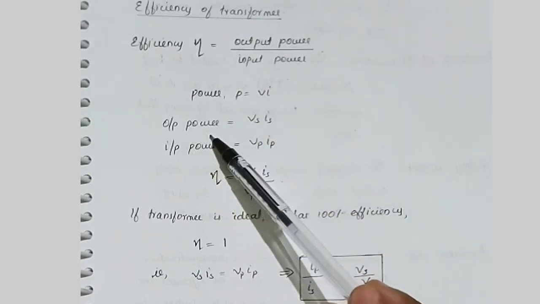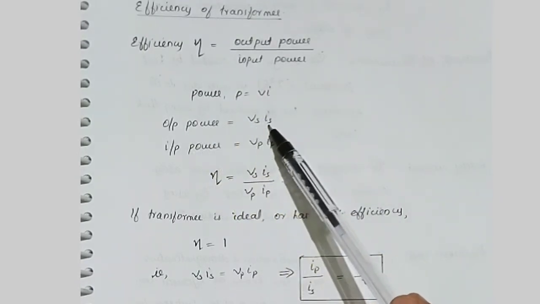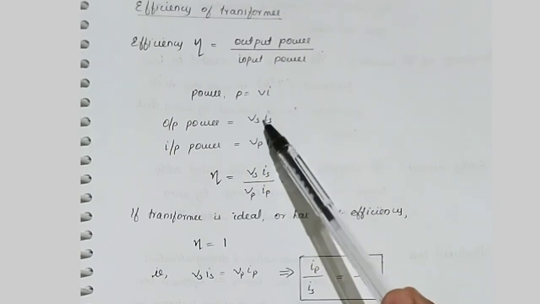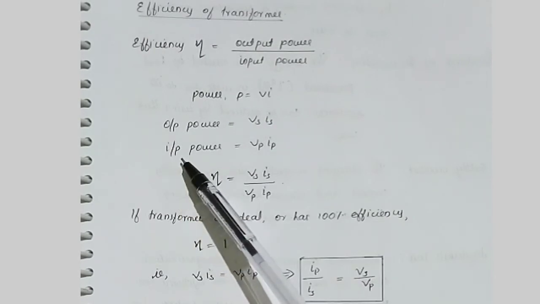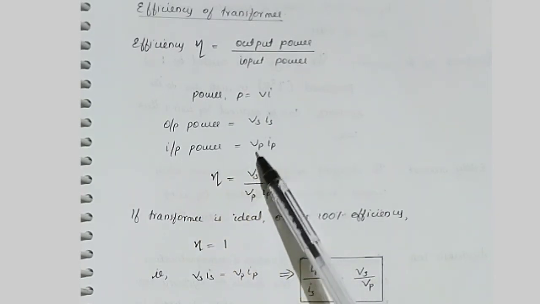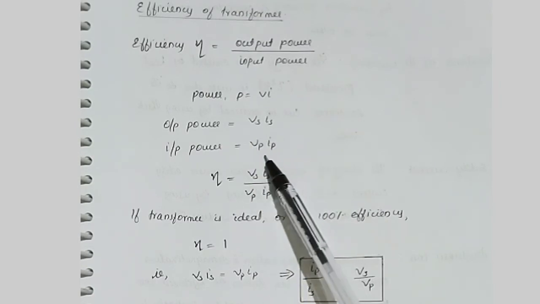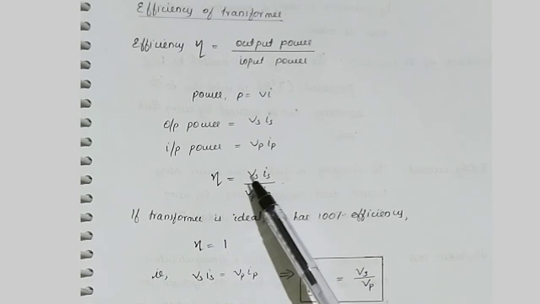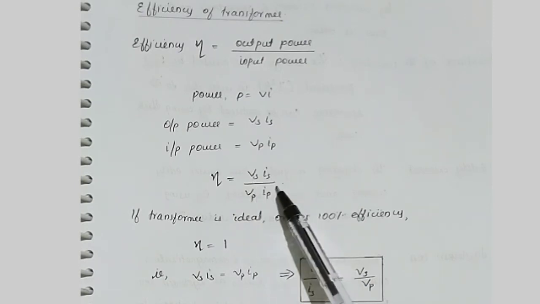The output power can be written as Vs into Is, where Vs is the secondary voltage and Is is the secondary current, and input power can be given as Vp into Ip, where Vp is the primary voltage and Ip is the primary current. Therefore the efficiency can now be written as Vs into Is divided by Vp into Ip.